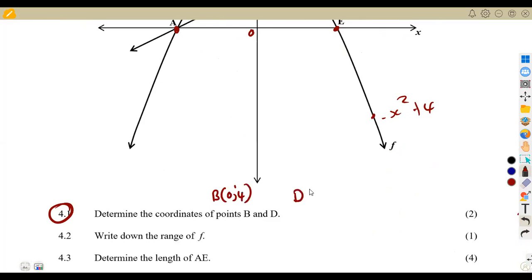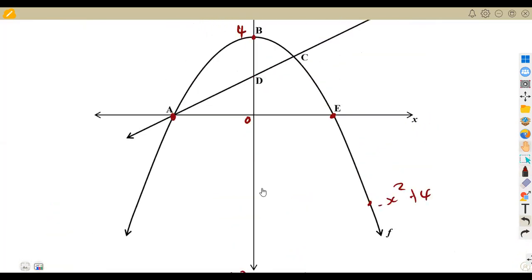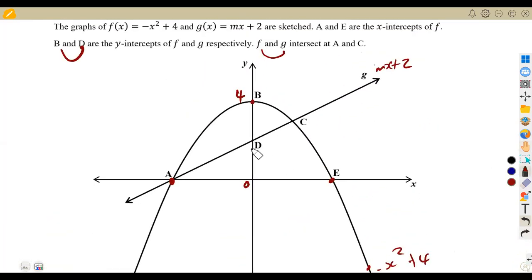What about the point D? The point D is the y-intercept of the straight line y is equal to mx plus 2. The idea is not going to change. On the y-axis, x is equal to 0, so any number times 0 is 0. That's 0 plus 2, which is 2.